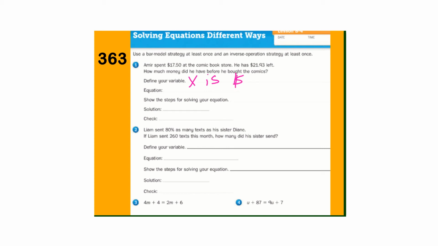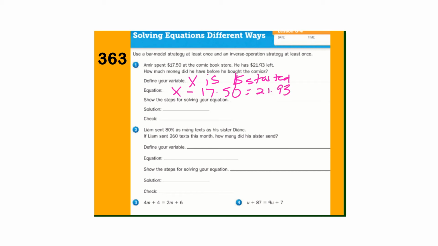So our equation would be, he had some money, and maybe we should say X is the money he started with, okay? So he had some money, he spent $17.50, and he has $21.93 left.